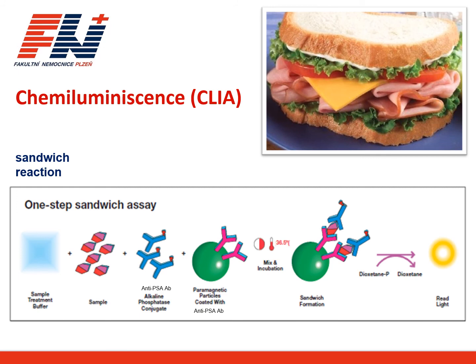Here you can see the second antibody against a different determinant of the PSA molecule, and this really looks like a sandwich, because one bread, second bread, cheese and ham, and here is the signal molecule. This signal is enhanced and then measured and quantified.